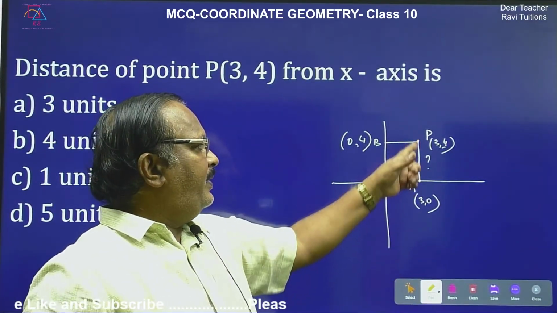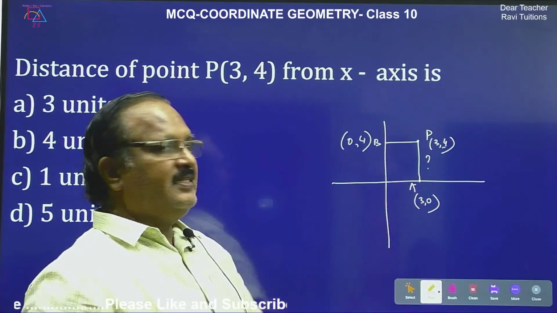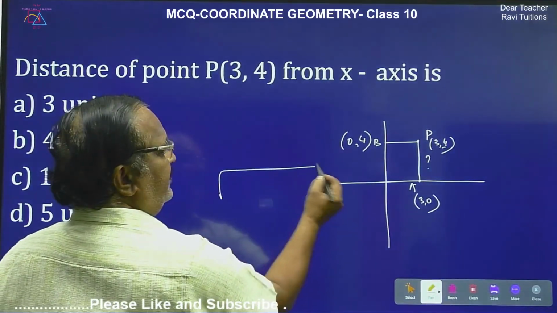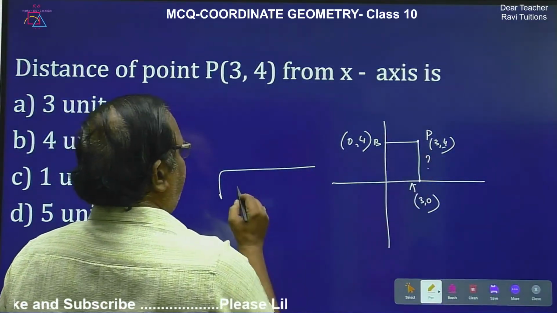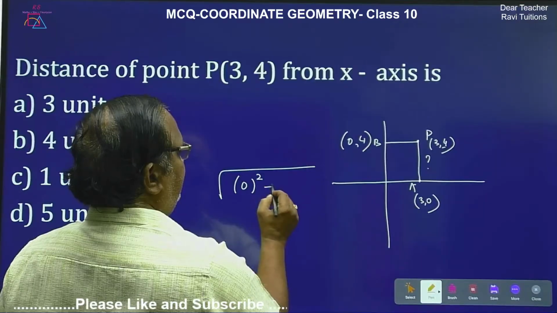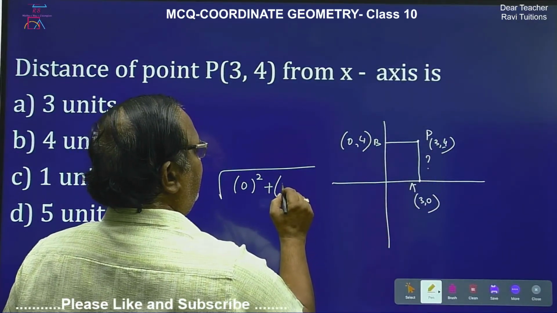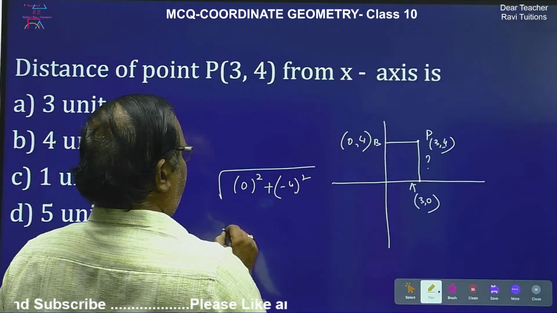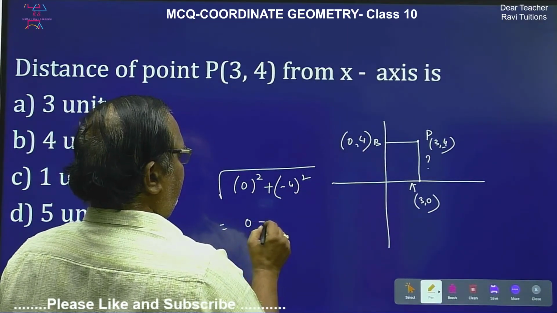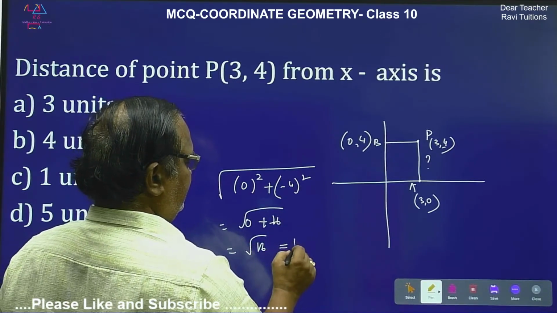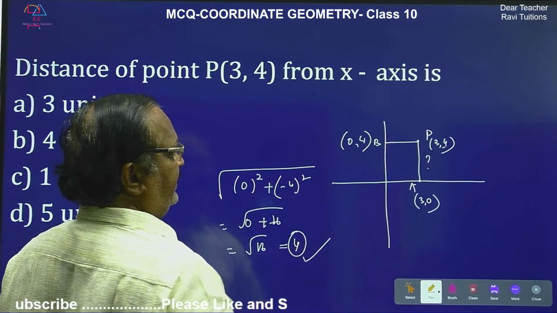So now very simple, you have to find the distance. Distance formula: square root of (3 minus 3) whole square plus (0 minus 4) whole square, which is square root of 16, equal to 4 units.